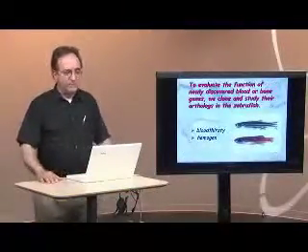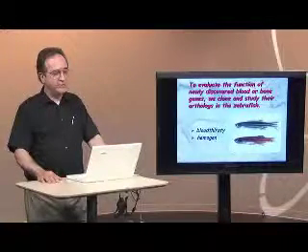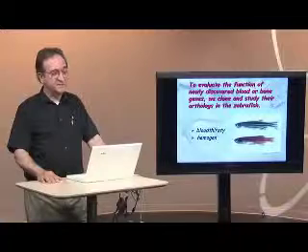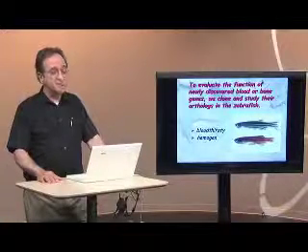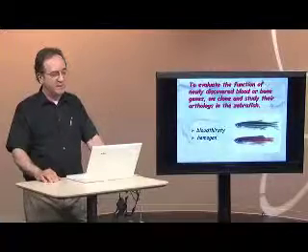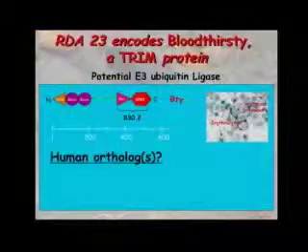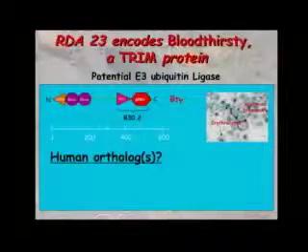So to evaluate the functions of the genes that we discovered by representational difference analysis, what we have done is to clone and study their orthologs, or the same gene, in the zebrafish. And the one I'm going to tell you about briefly is bloodthirsty. Bloodthirsty is a protein that belongs to a very large family called the TRIM family.